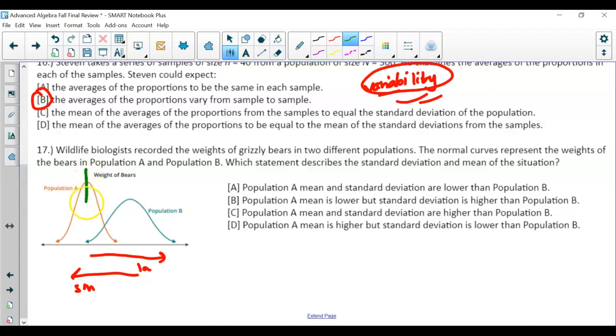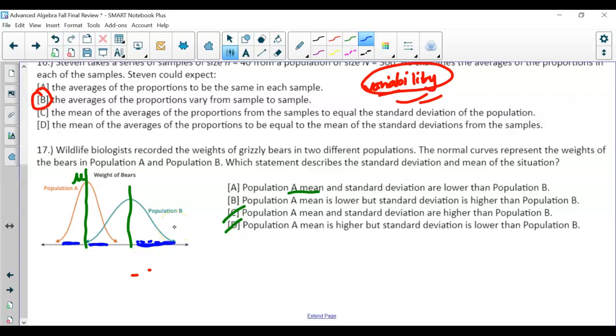So if I were to look at the mean of population A versus population B, we'll notice population A's mean is smaller, lower than population B. So the mean for population A is lower than population B. That's why we can cross out C and B. Now also notice, remember, standard deviation is about the spread of the data. We'll notice that this spread is much smaller than population B from this mean. So that's why the answer is A.